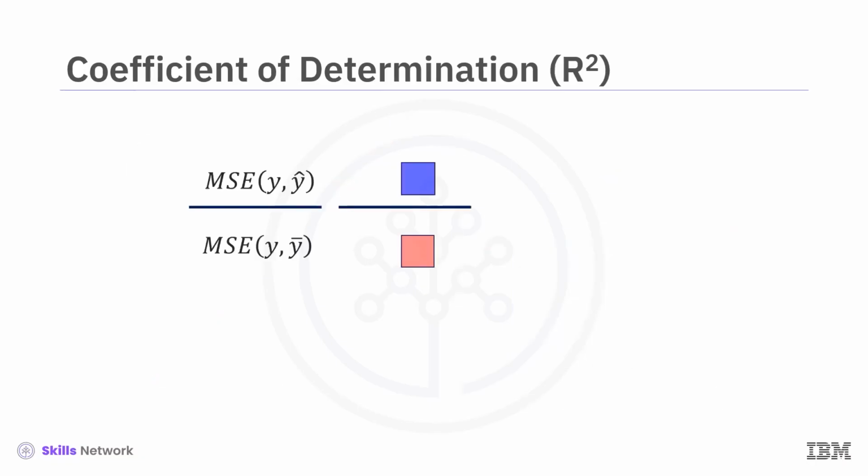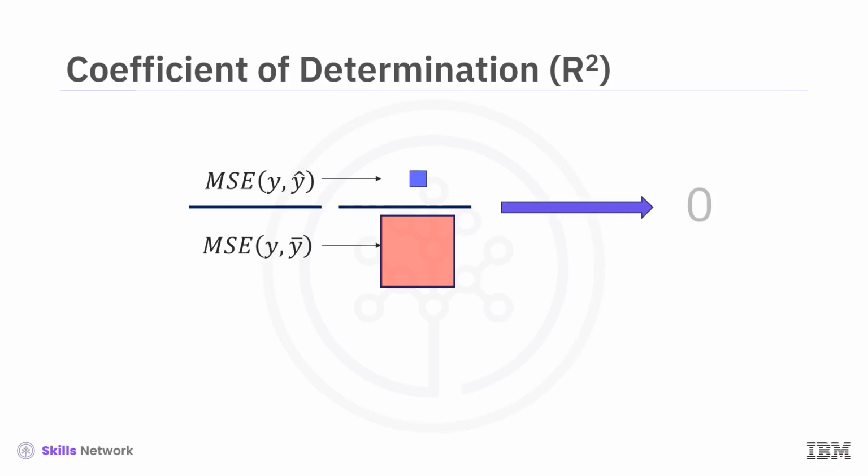In this case, since the regression line is a good fit, the mean squared error with respect to the line is small, and, therefore, the numerator is small. The denominator is large since the mean squared error compared to the average value is relatively large. Therefore, the ratio of the two values is an even smaller number.